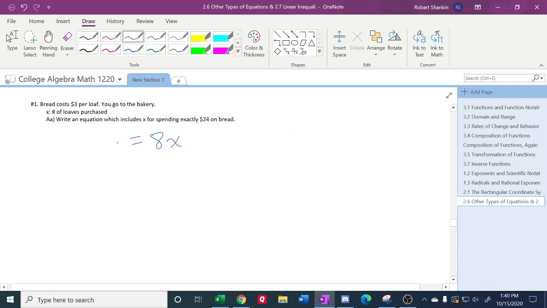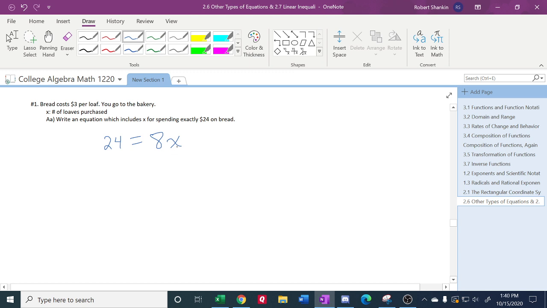Anybody? What would go on the other side? I think it's the 24. You got to spend exactly $24 on bread. It costs $3 per loaf.